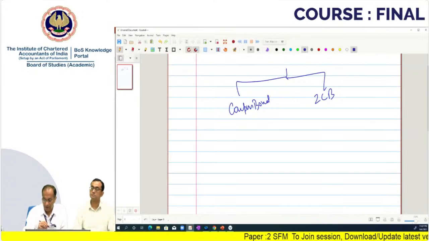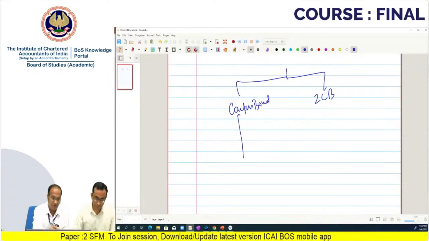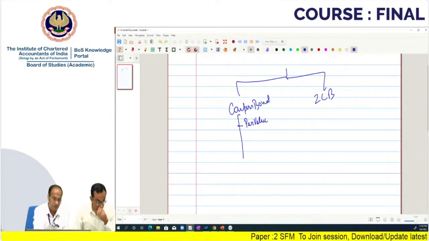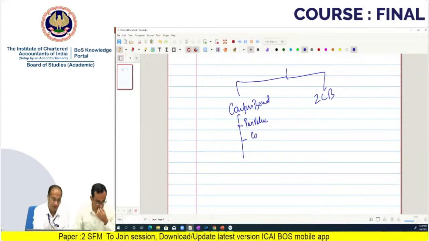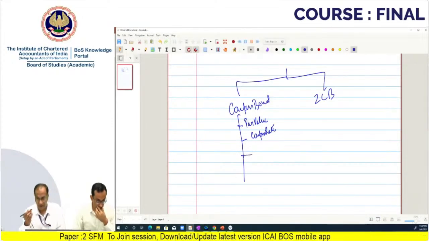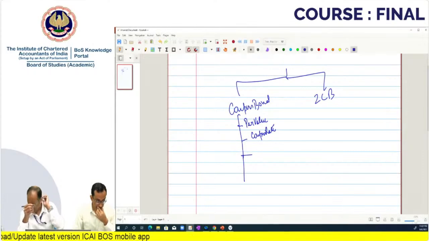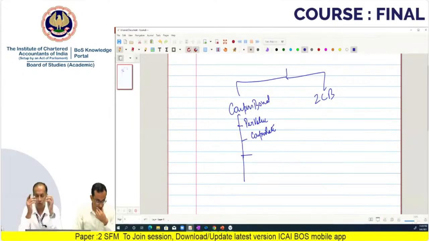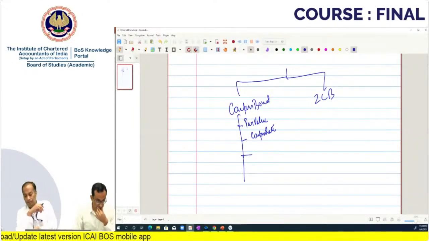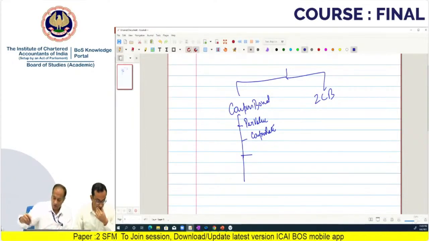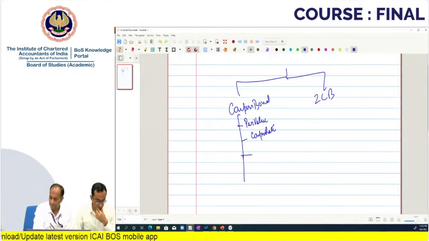Now, in the coupon bond, the features are: face value, or we can say par value; the coupon rate; frequency of payment, which can be yearly or semi-annually. Normally there are these two categories of coupon, not monthly and so on, though if the question gives otherwise, you have to go by that.